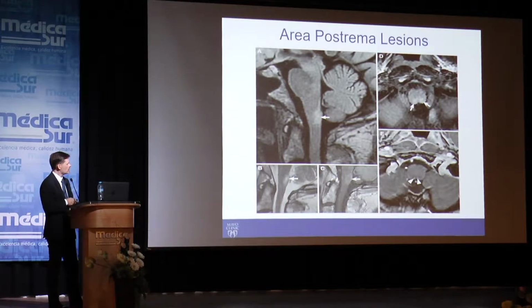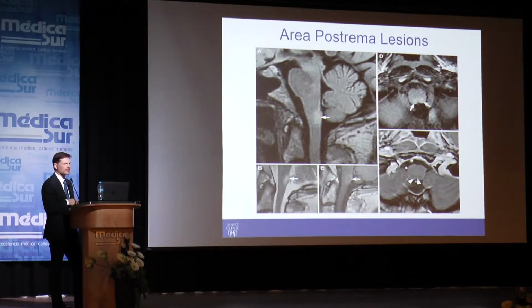These are some representations of the area postrema lesions. So this is the dorsal medulla, and this is a serendipitously captured T2 signal or FLAIR signal abnormality in the dorsal medulla. These are usually not destructive lesions. It's thought that this is probably a combination of inflammation, perhaps demyelination, and water channel dysfunction at this level.